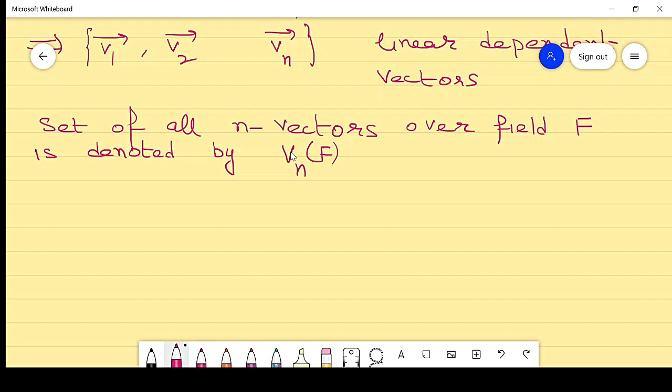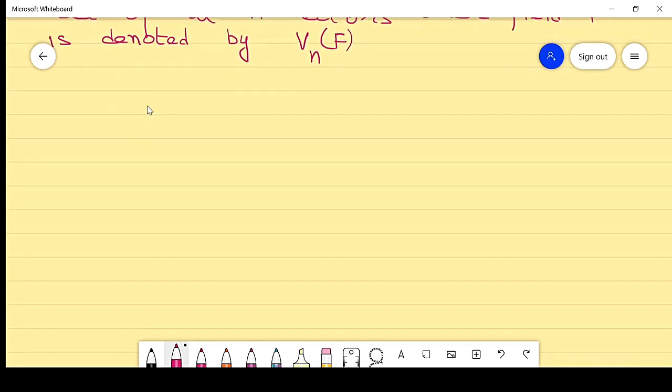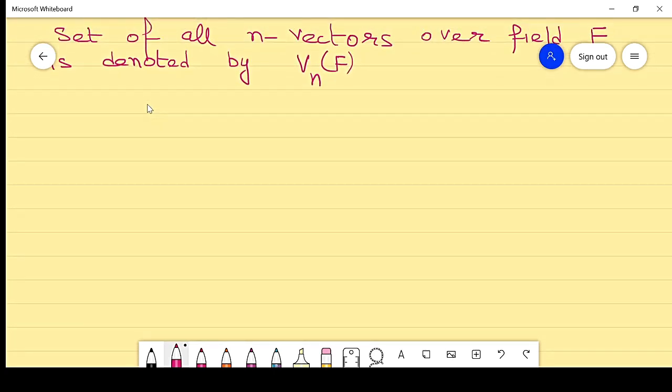Now row rank and column rank. We already discussed in the previous lecture, so here we just discuss the definitions. Next is row rank and column rank.